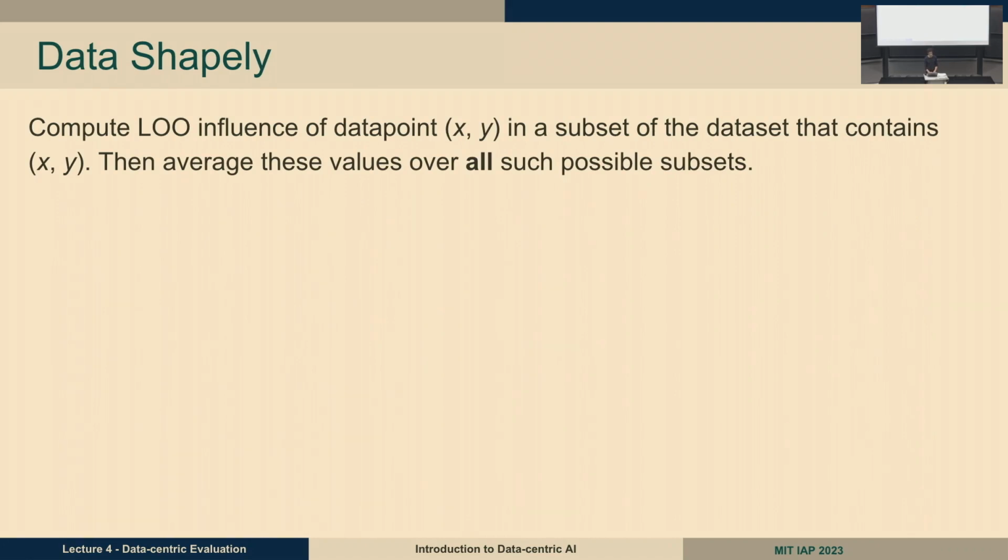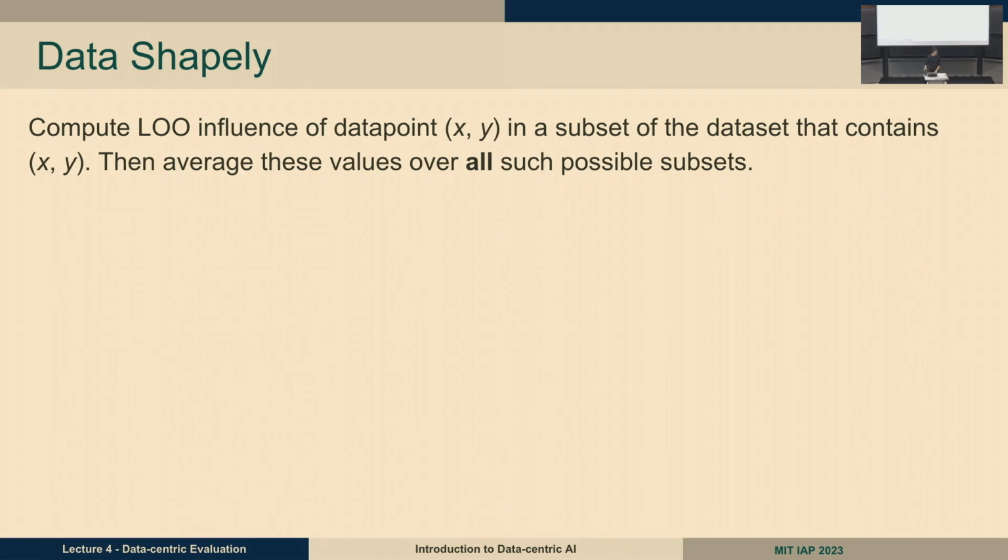And so actually what is a more relevant question is how much would that data point contribute in all sorts of hypothetical data sets? And so one way to measure that is to compute this leave one out influence of the data point in some subset of the data set that contains that data point, right? Again, we're just removing it from that subset and seeing how the model changes if we were to just train the model on the remaining subset versus the subset including that data point.